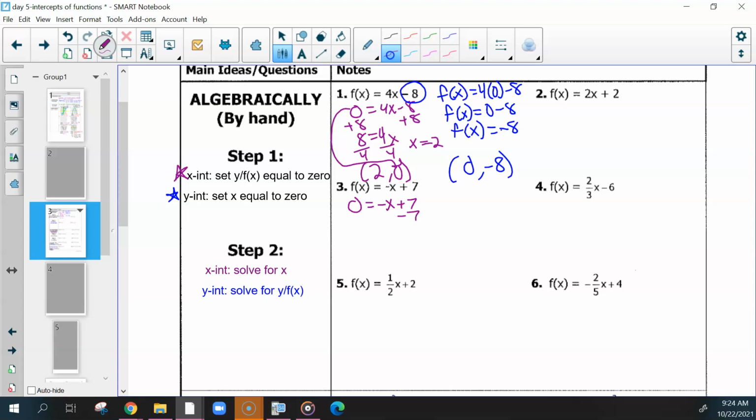Subtract 7 from both sides. What would I divide by to get x by itself? Negative 1. So that would be the ordered pair. How would I write that? 7, 0.